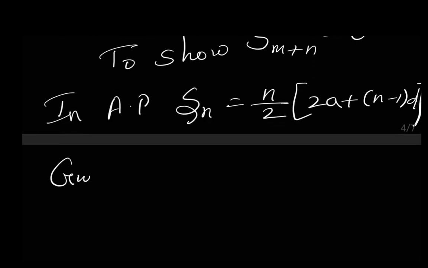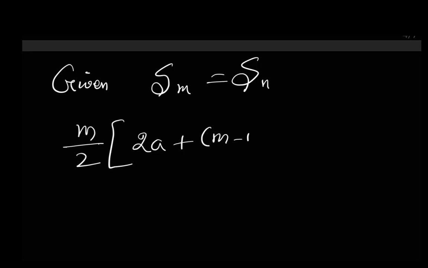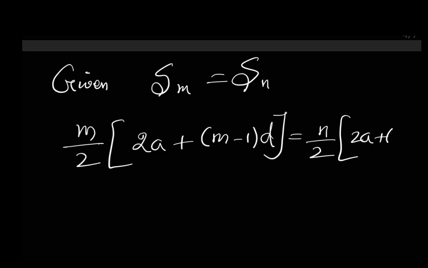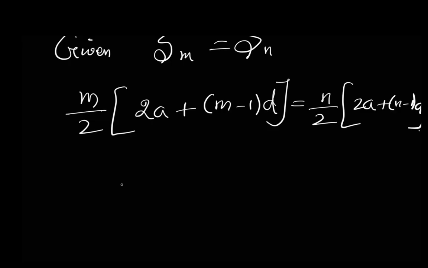What is given? Sum of m terms is equal to sum of n terms. So sum of m terms is m by 2, 2a plus m minus 1 into d, equal to n by 2, 2a plus n minus 1 into d. See, let us simplify this. First, you cancel this 2 and 2 in the denominator.